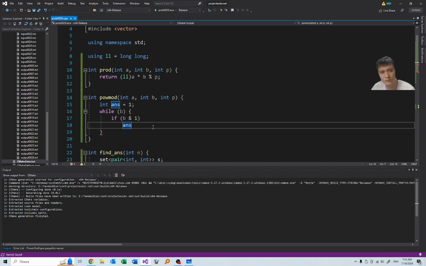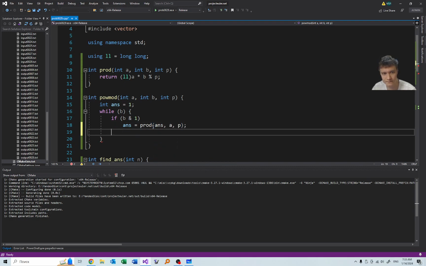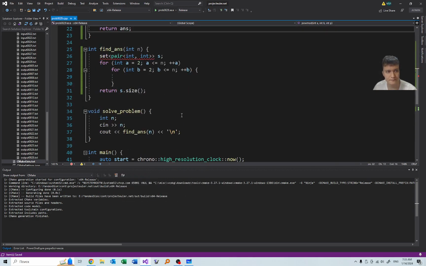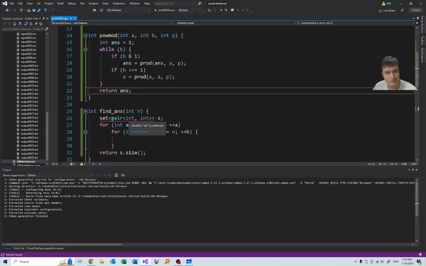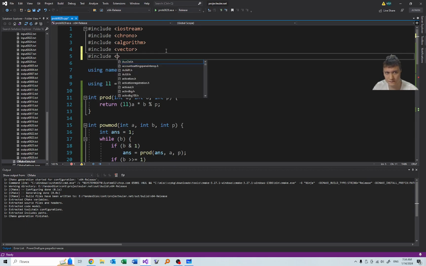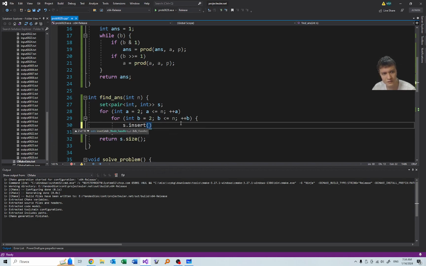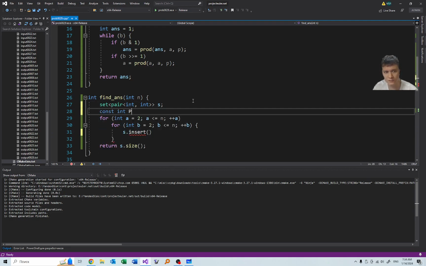If b is odd, we replace answer with product of answer and a modulo p. And if b is at least 2, we multiply a by a. In the end, we return answer. Great, we now need some set. And here we say that s dot insert, let's also store two primes.